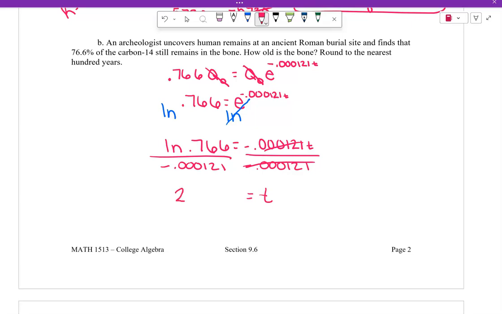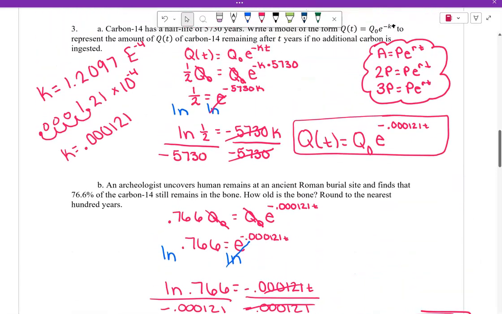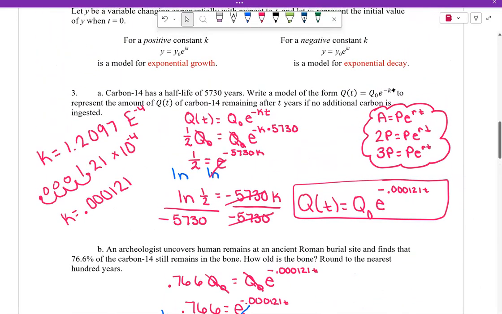So you get approximately 2203.7. And it says round to the nearest hundredth of a year. So that would be about 2,200 years old. So pretty old. And if you think about it, it wasn't quite half, so it couldn't be the 5730 years.